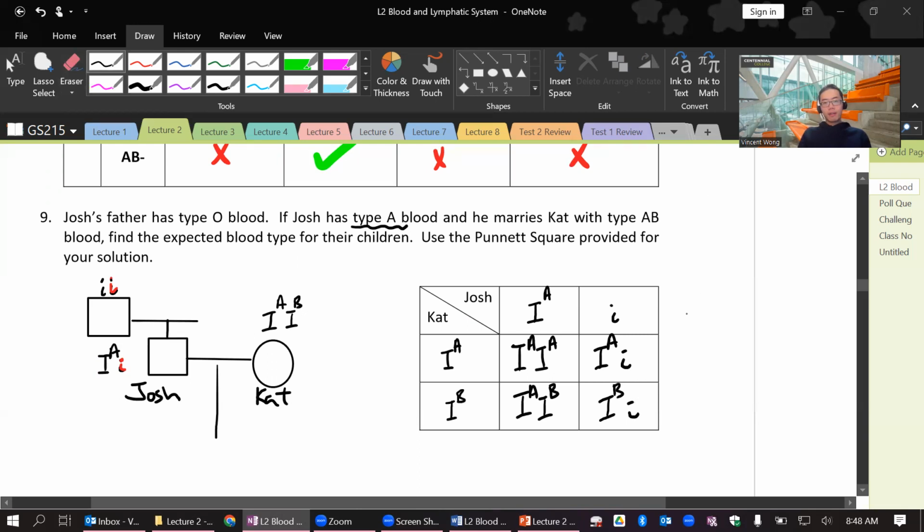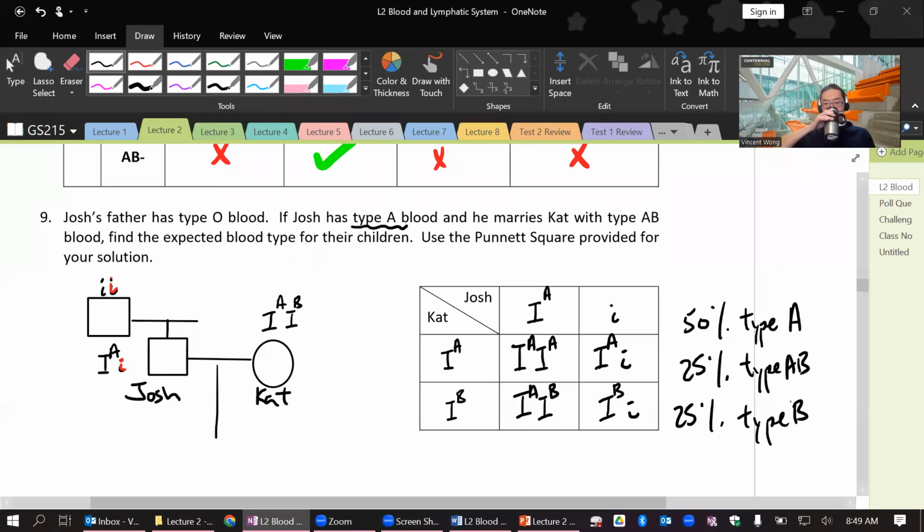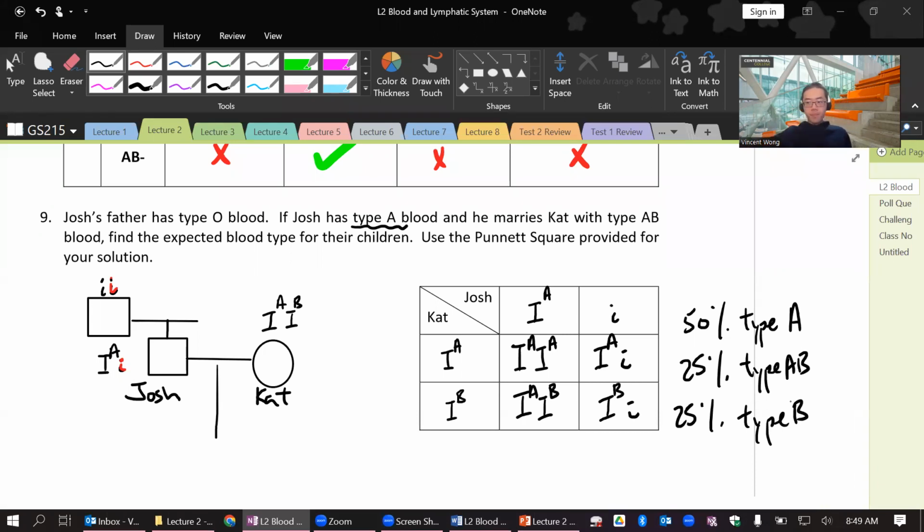So there is a 50% chance that their kid is going to have type A blood, 25% chance for getting type AB, and 25% chance of getting type B blood. Okay? That's it.